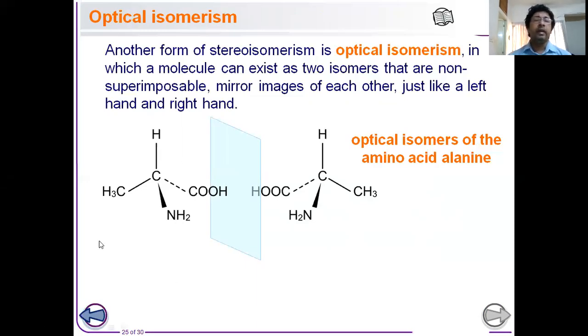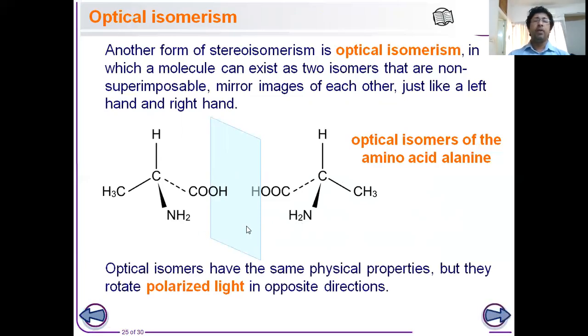So when any molecule is not superimposable on its mirror image, then the molecule and its mirror image are called optical isomers. If we pass plane polarized light through a solution of these optical isomers, one molecule will rotate the plane polarized light in the clockwise direction, and the other will rotate it in the anti-clockwise direction.